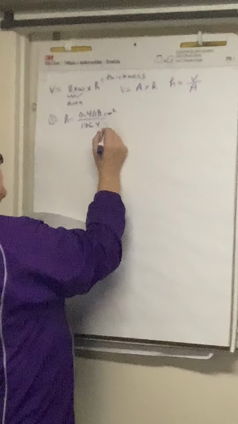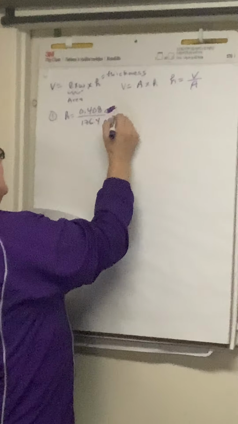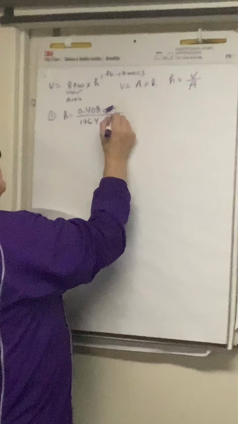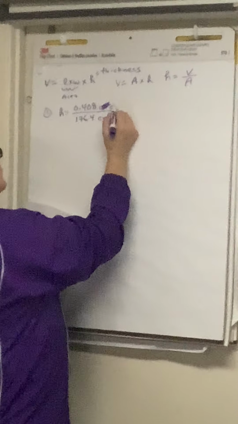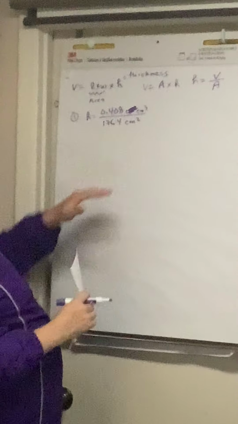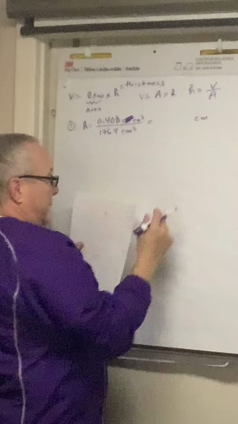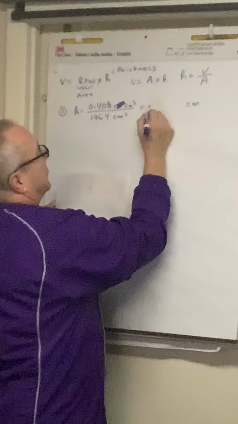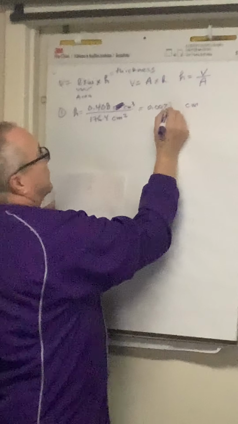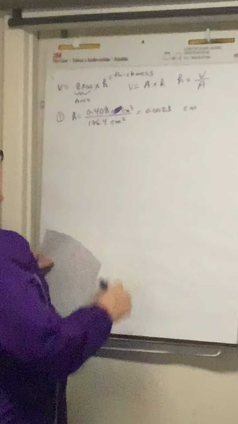And this is my volume, which is centimeters cubed. Centimeters cubed divided by centimeters squared gives us just plain centimeters. And if you do the math, you'll get a value of 0.0023 centimeters. That's our thickness. Okay?